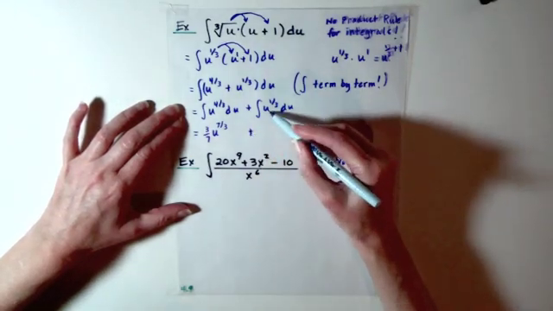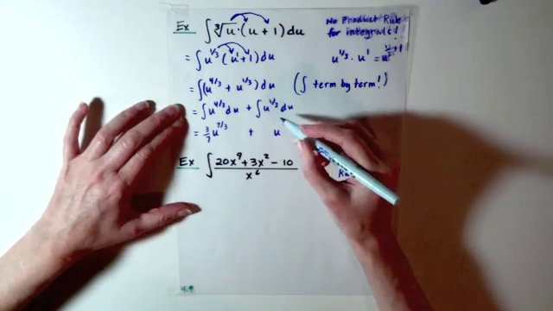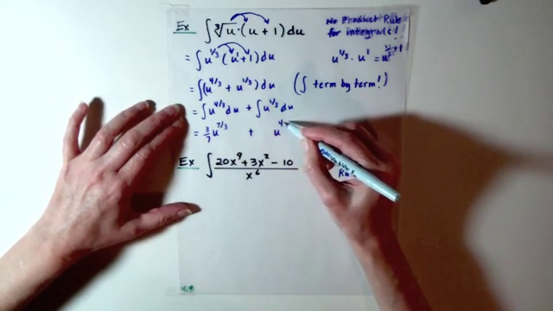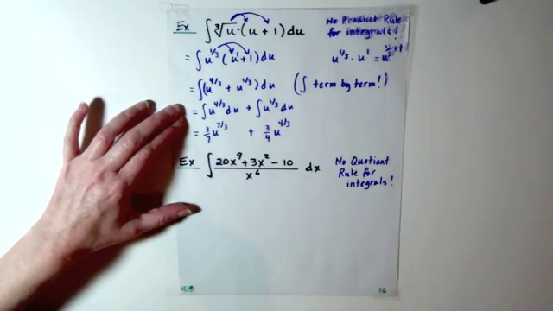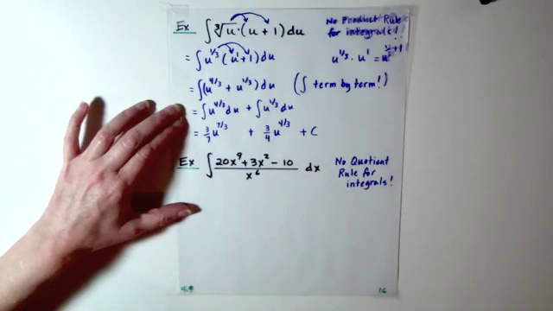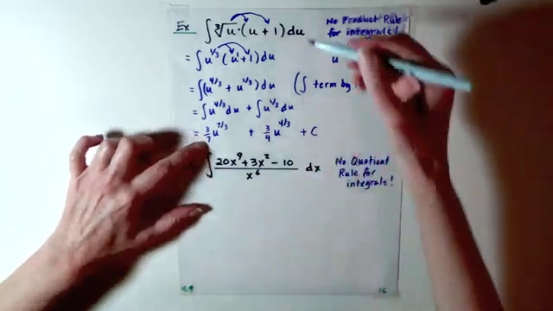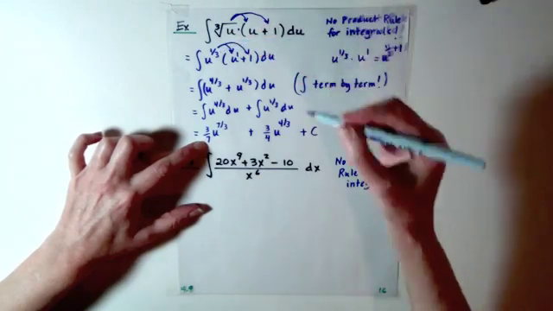And I integrate u to the 1/3, so 1/3 plus 3/3, that would be 4/3. And I put the reciprocal of that new power, 3/4, out in front, and I add on a single integration constant.